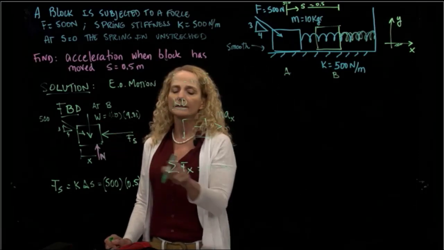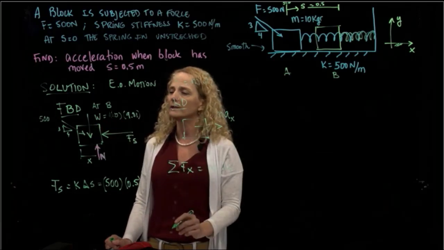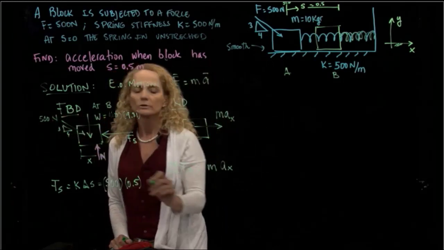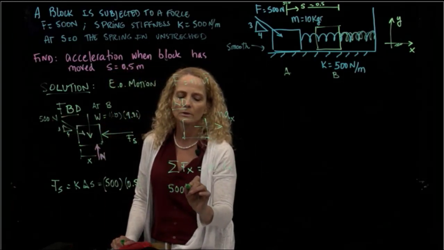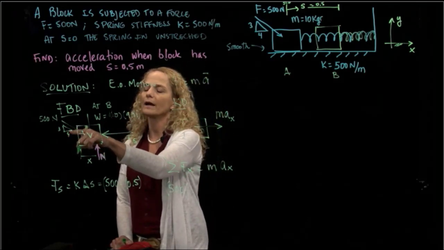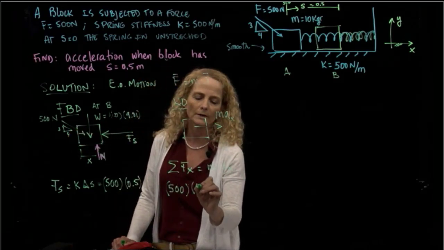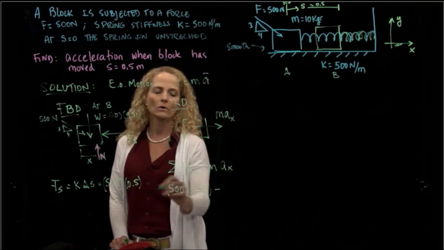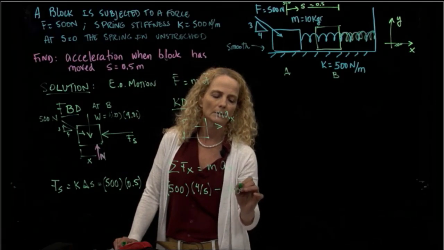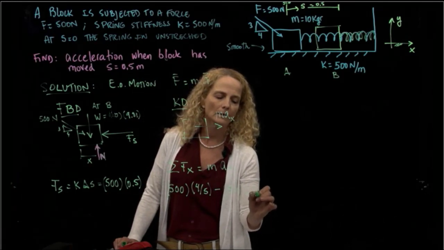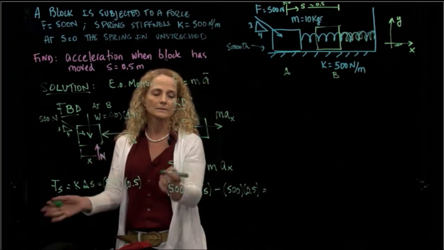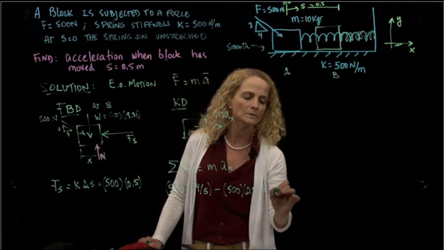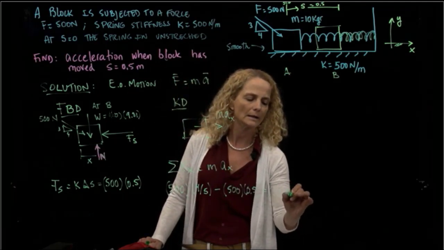So the external forces from my free body diagram are this external force of 500 newtons times the cosine of that angle, which will be 4/5, minus the force of my spring, which is 500 times 0.5. I don't have any other force in the X direction, and that equals my mass, a block of 10 kilograms, times a_x.